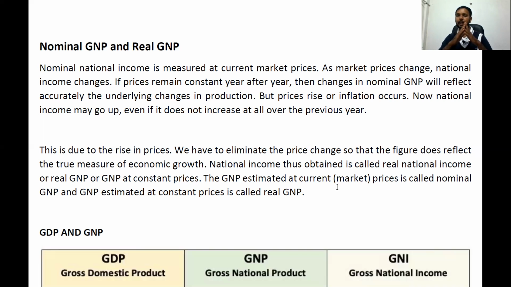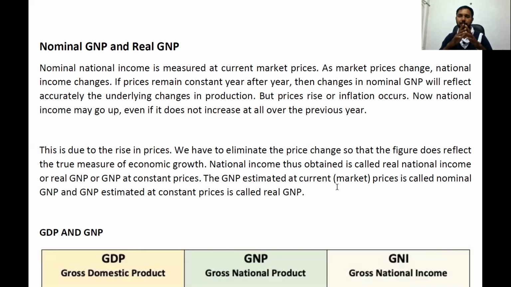When we calculate our national income by the current market price of the product, then it will be considered as nominal GNP. But when we calculate the national income by multiplying the production with a constant price that we use every year, so when we use the constant price for the value of goods and services produced in a year, then it will be considered as real GNP.